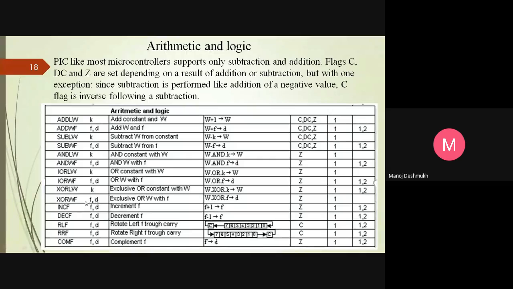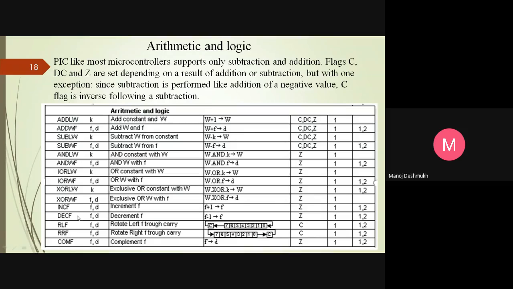Whenever we operate with the working register and another file register, D comes into the picture and you have to mention either 0 or 1 after the comma. If it is 1, or if it is not mentioned, then no problem, it will automatically be considered a file register destination. But if you want to load at W, then mention 0 here. Okay, so the default is 1 and it will automatically load the result at the F register for various operations.